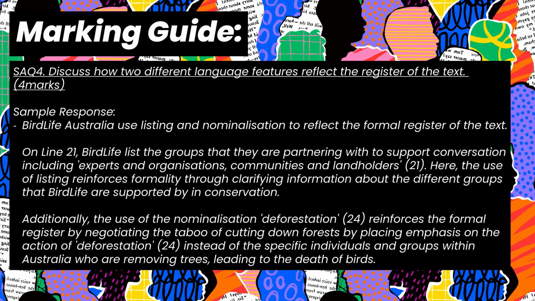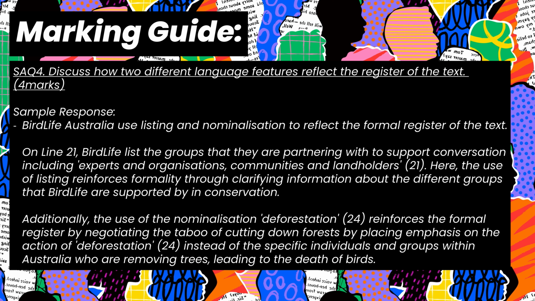In this response, you can see that the way we've done that is by linking to a formal purpose. And this can be a really good strategy when you're talking about how language creates or reflects a register of the text. Because here, in that first part of the response, they're talking about how the listing is able to clarify information about the different groups that BirdLife are supported by in conservation, therefore increasing formality within the text.